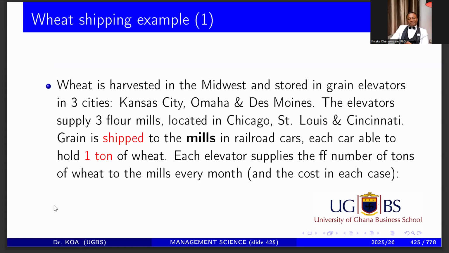Let's look at wheat. It is harvested in the Midwest. It is stored in grain elevators in three cities: Kansas City, Omaha, and Des Moines. So remember that you harvest wheat, you keep it in grain elevators.